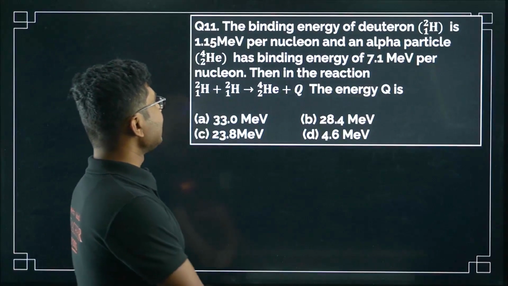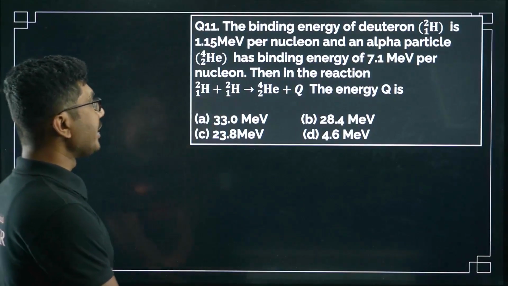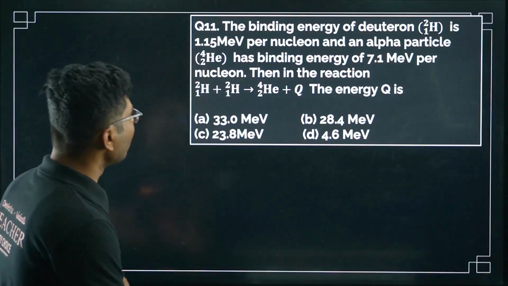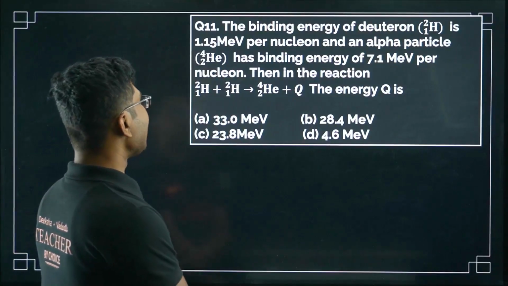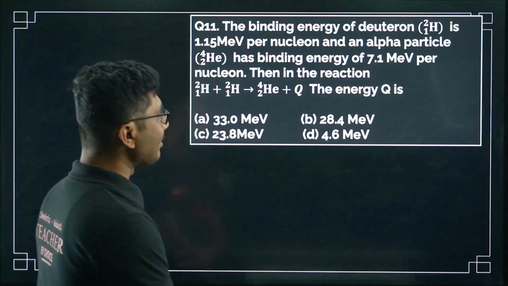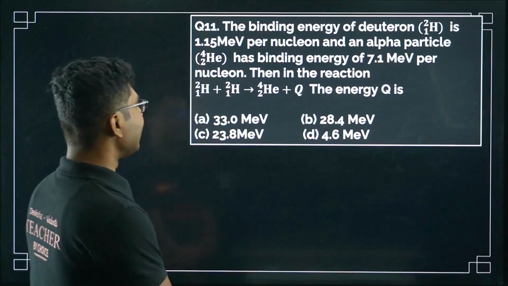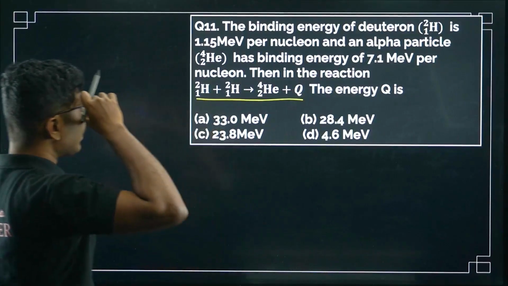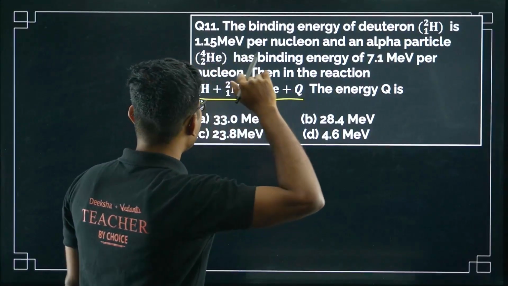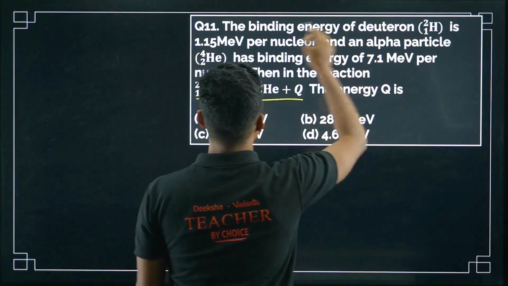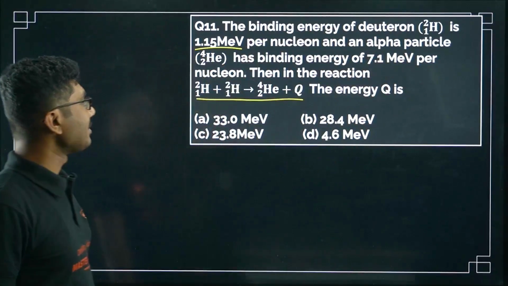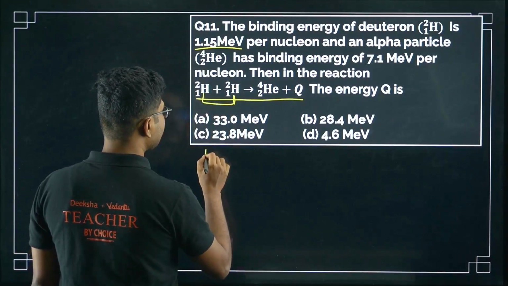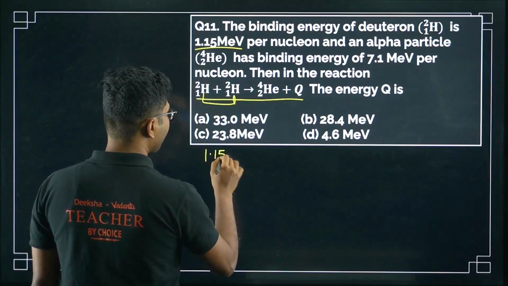The binding energy of deuterium 2 1H is 1.1 MeV per nucleon, and the alpha particle has binding energy of 7.1 MeV per nucleon. Then for the reaction, what is the energy Q? Deuterium has energy of 1.15 MeV per nucleon. So 2 deuterium are merging, which means the total energy has to be 1.15 into 2.